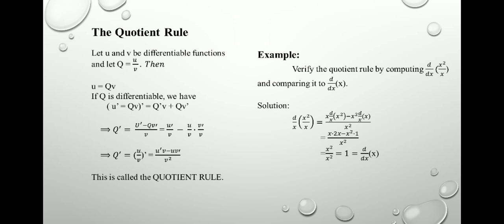But before that, we can discuss the quotient rule. Let u and v be differentiable functions and let q equal u over v. Then u is equal to qv.